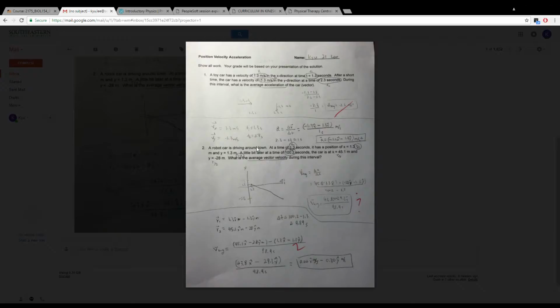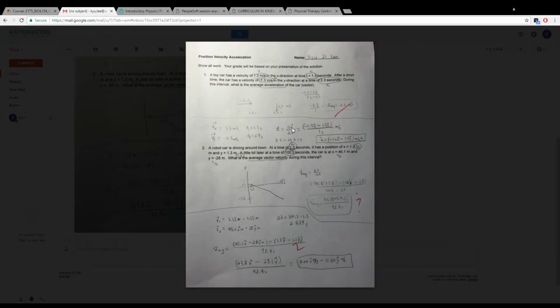So, average acceleration is delta v vector divided by the delta t, which equals negative 1.3, because it's final minus the initial, which is 0 minus 1.3, becomes negative 1.3, minus 1.3, because it's 0 minus negative 1.3 becomes positive.